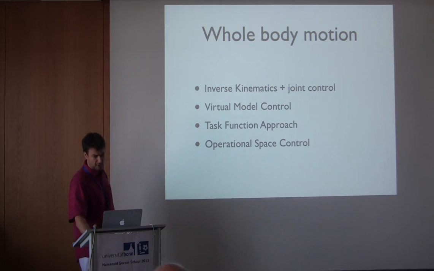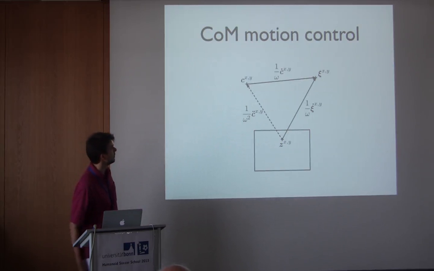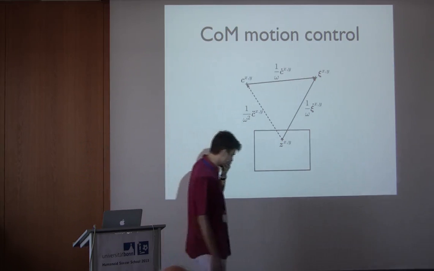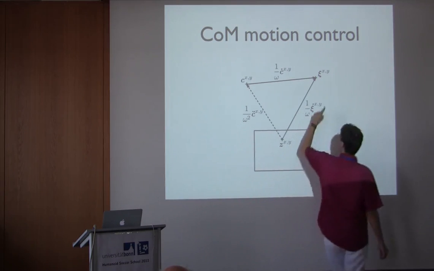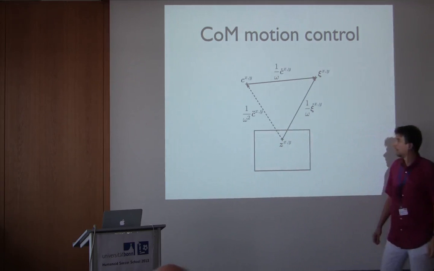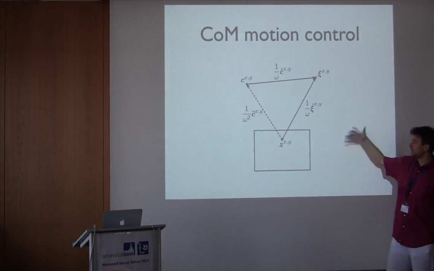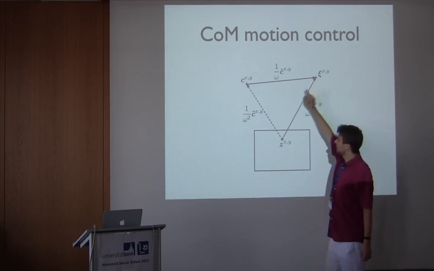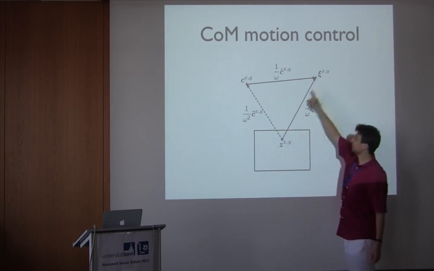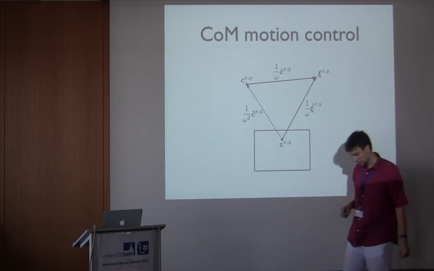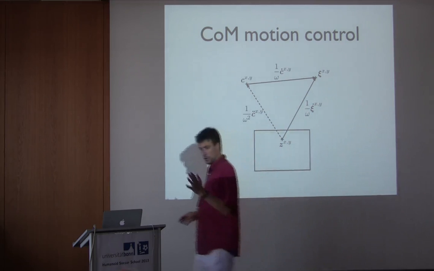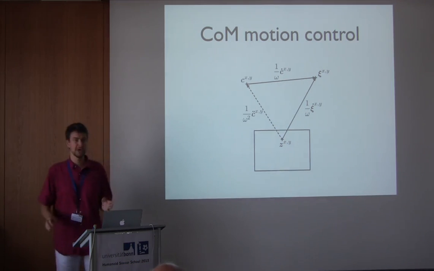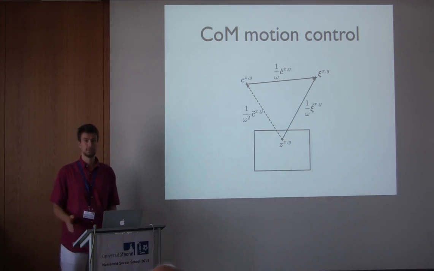Now, how do you control COM motion? Remember, this was the picture of the dynamics when you forget about the angular momentum and focus on the capture point. So you have the center of mass, the capture point, the center of pressure. What if we want to control the center of mass to go to a specific position?